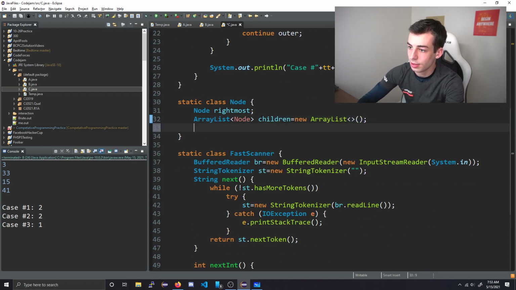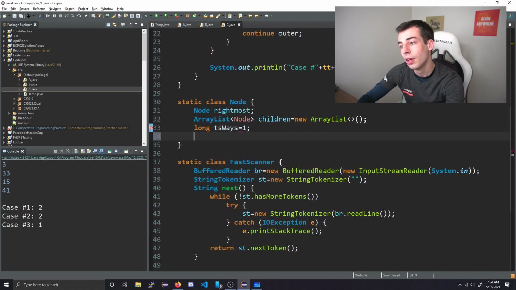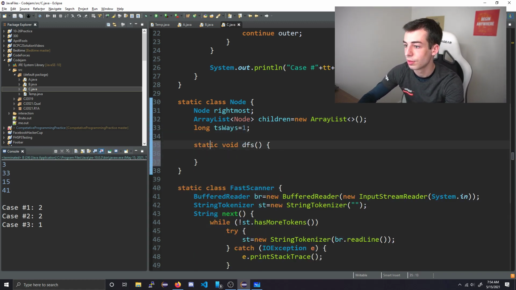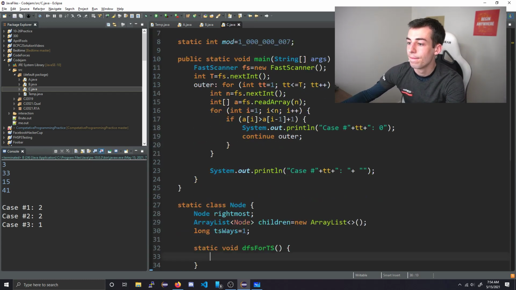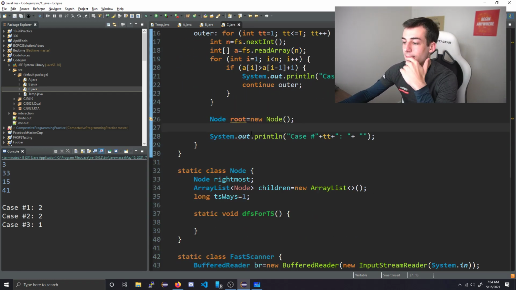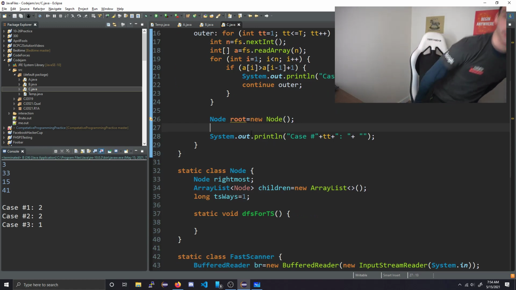So then we need long ts ways equals 1. static void dfs for ts. Okay, then we do node root equals new node. Yeah. Alright, be right back.